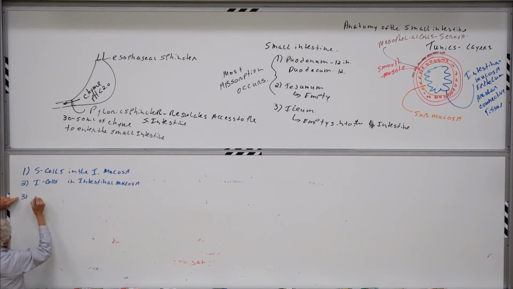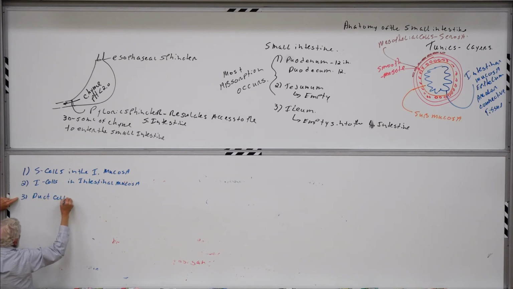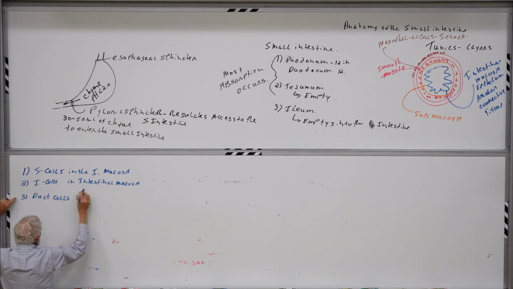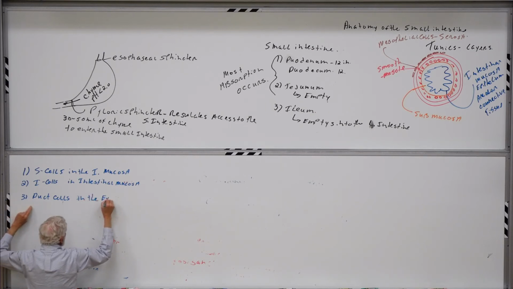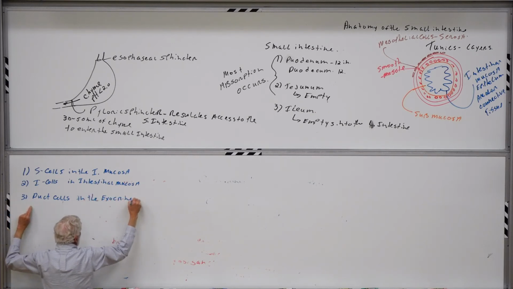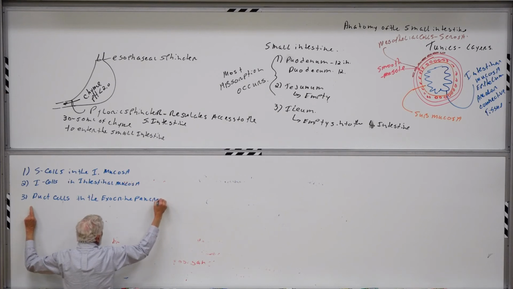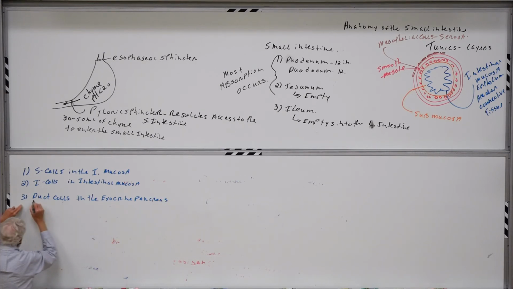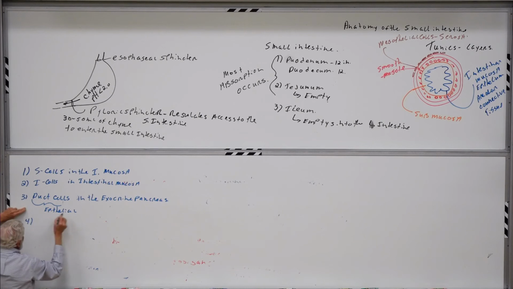There are going to be a set of cells called duct cells in the exocrine pancreas. These, of course, are going to be epithelial cells. And the fourth character here is going to be something known as an acinar cell.